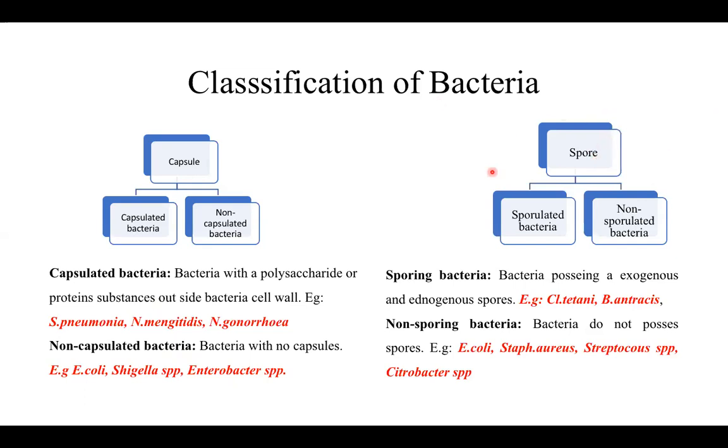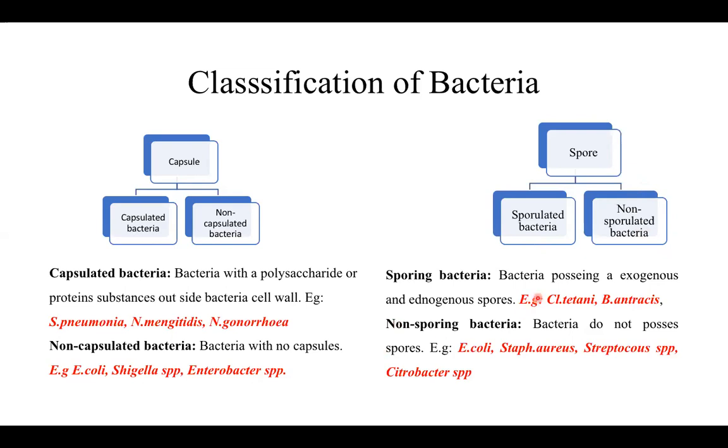Another method for the classification of bacteria is based on the presence of spores. Some bacteria can produce spores. They are known as spore-forming bacteria. Those bacteria which cannot produce spores are known as non-spore-forming bacteria.